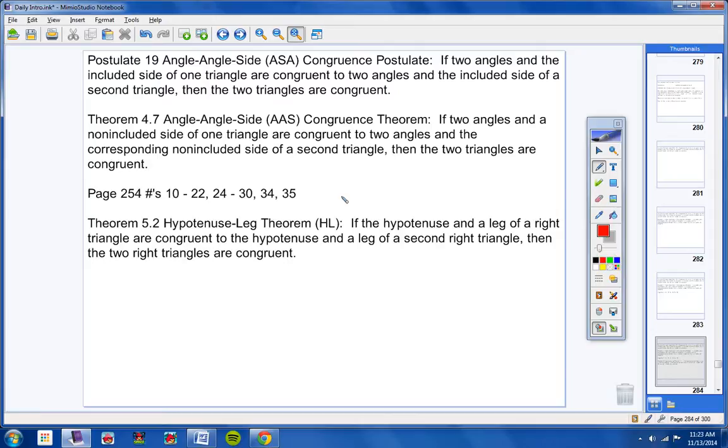It will be on your quiz. Fill in the blank. Okay? Also, any problems from that homework assignment right there, page 260, is fair game for your quiz. So make sure you can work those problems out, okay? Give you a second to write this down, then we're going to move on.